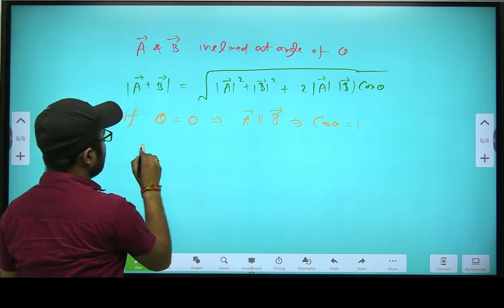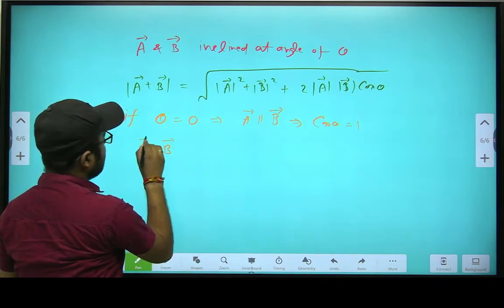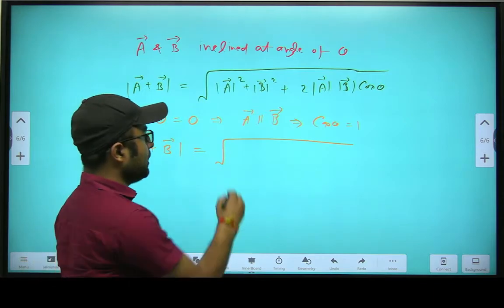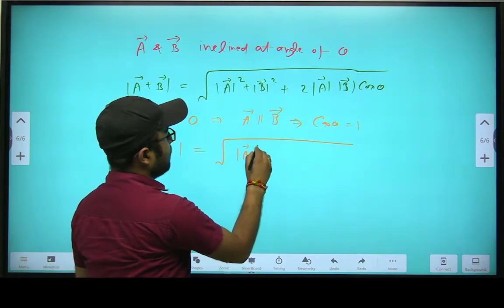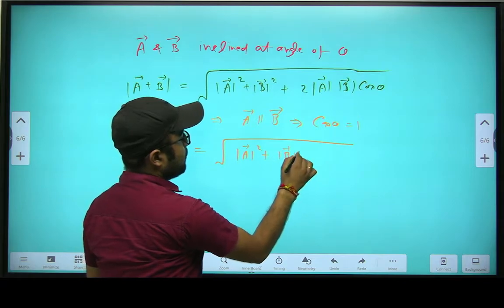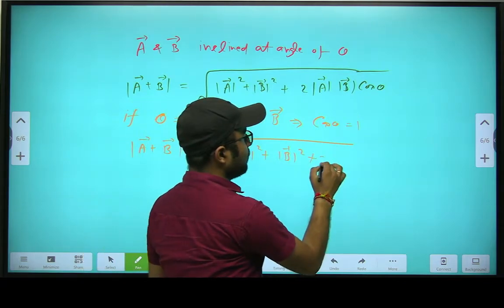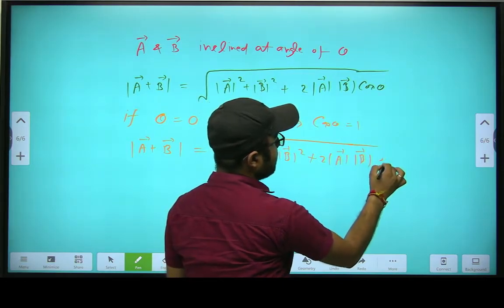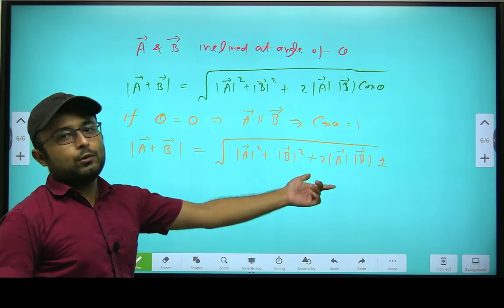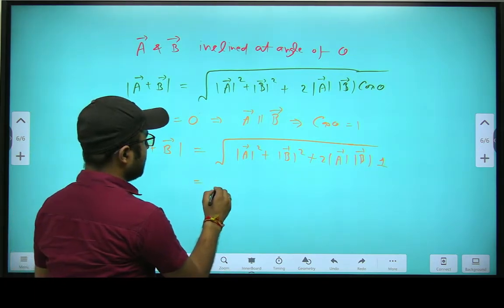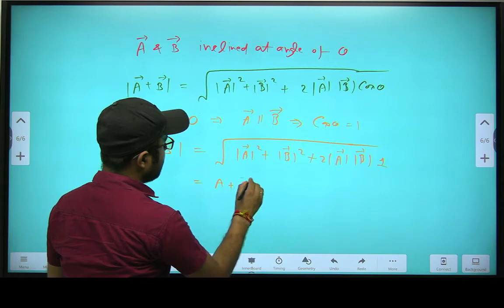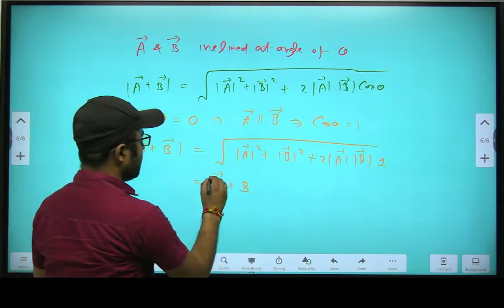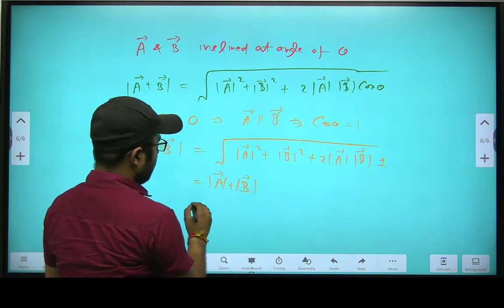Putting this in the formula, mod A plus B magnitude can be written as mod A square plus mod B square plus 2 mod A mod B, and cos theta is 1. So this is the precise formula of A plus B. So we can write that it is directly mod A plus mod B.